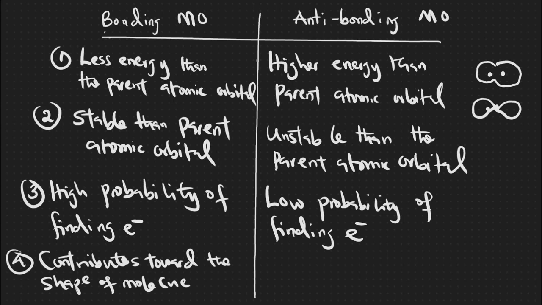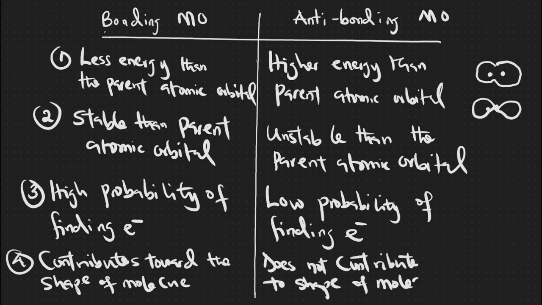So the bonding will always contribute to the shape of the molecule, while the anti-bonding does not contribute. So basically, these are some of the differences between bonding molecular orbitals and anti-bonding molecular orbitals.